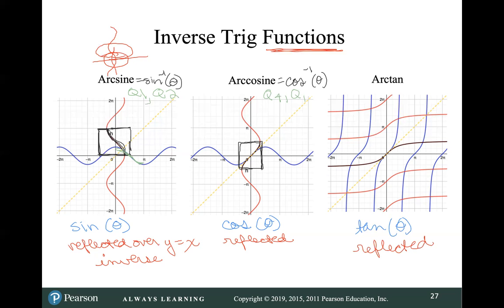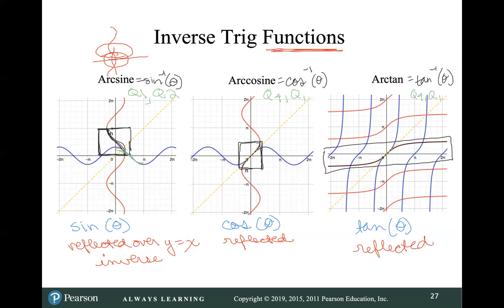Well, that's not a function, but at least for tangent, there's a very clear way to select the part that will be a function. And that is to take just one iteration of that shape, one period of the function. And that is how we get tangent inverse of theta. And that is also quadrants 4 and 1.